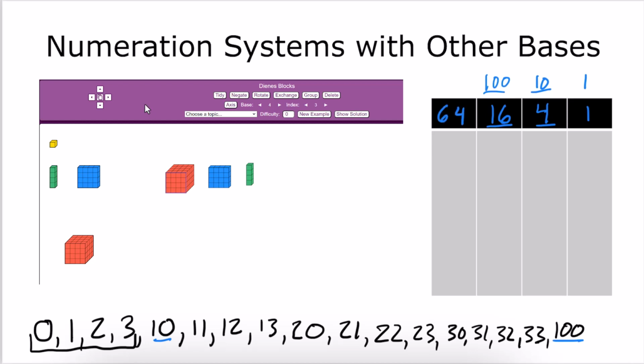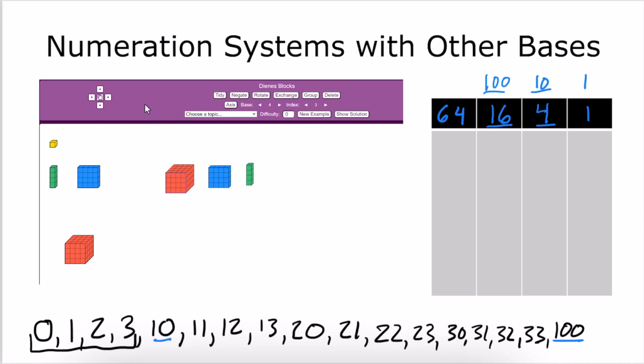And so the 4th place value is the number 64. And you can figure it out just by taking the previous place value and multiplying by the base. So like in this case, the 1's place value times 4 gave us the 4's place value. 4 times 4 gave you 16. 16 times 4 gave you 64.